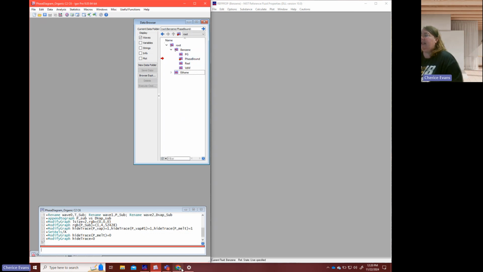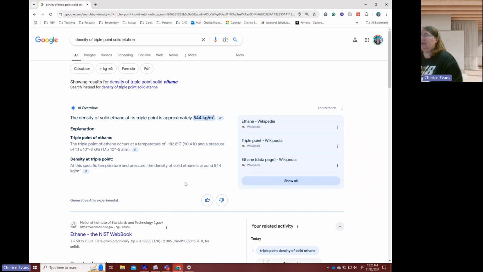One of the things we ran into last time was that we couldn't find the triple point density of ethane. This time I did succeed in finding it: 544 kilograms per meter cubed.